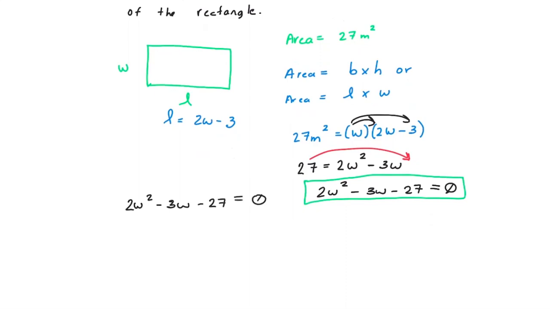Factoring. Okay, factoring, that could help. Let's see if it works. How will you factor that one? 2x minus 9 and x plus 3. Okay, actually it's W, but it's the same. We can say 2W minus 9 and W plus 3.